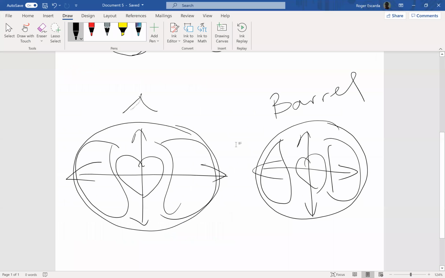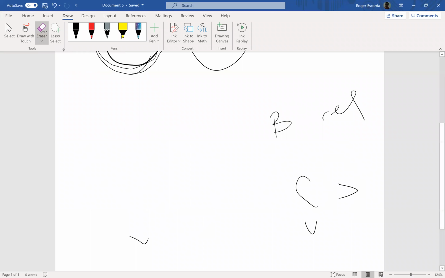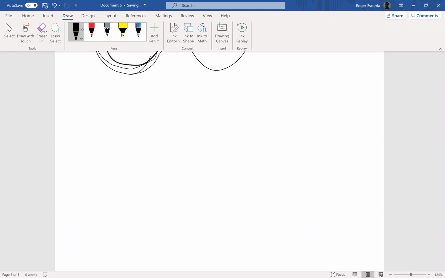Can you see the whiteboard? Yes. So, what was I supposed to draw? What was I saying? The FEV1. Right, a spirometer.